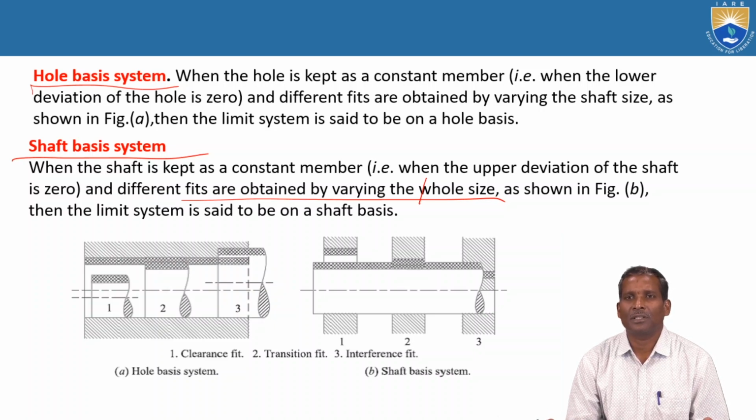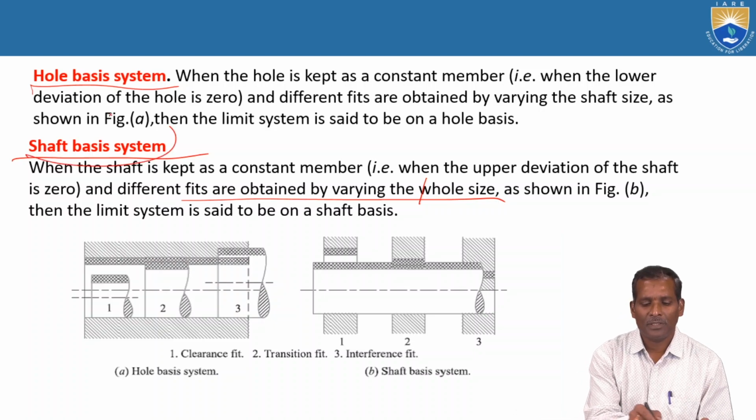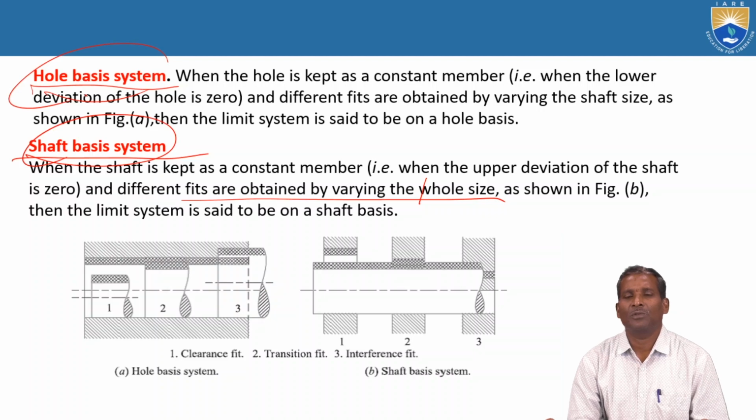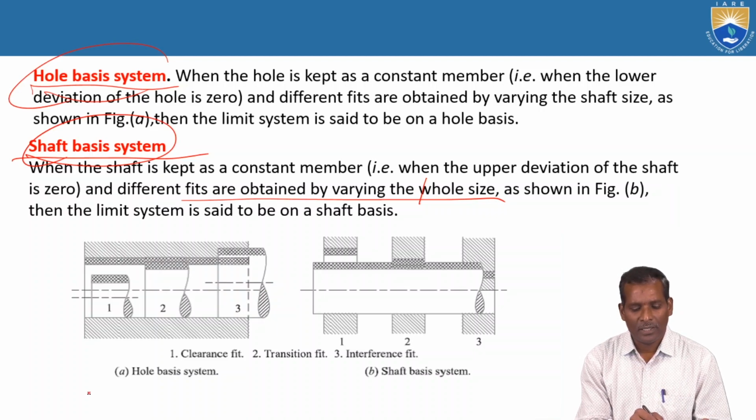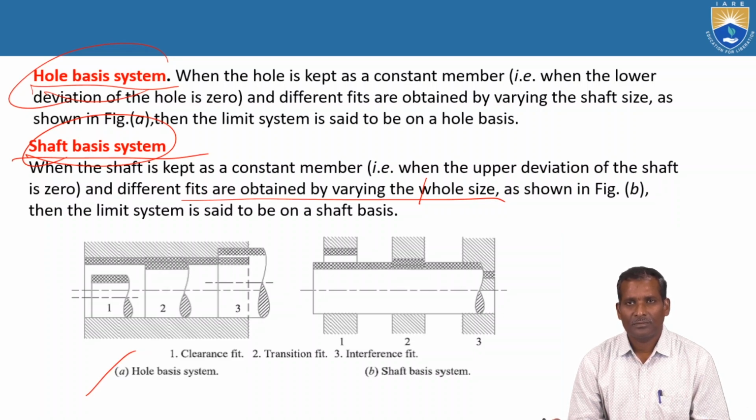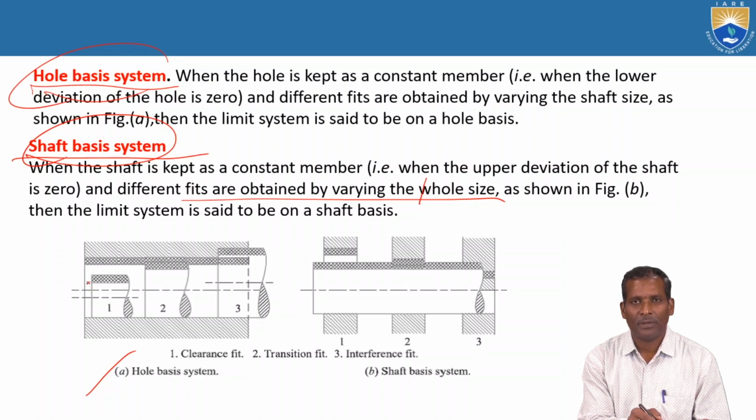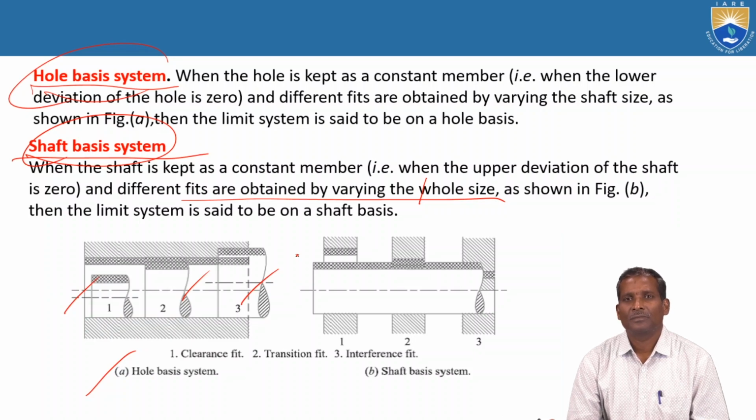Then the limit system is said to be on shaft basis. One is shaft basis, another is hole basis system. In the diagram shown, the shaft basis system, here different diameter shafts are there, 1, 2 and 3. Different types of fits are also obtained.